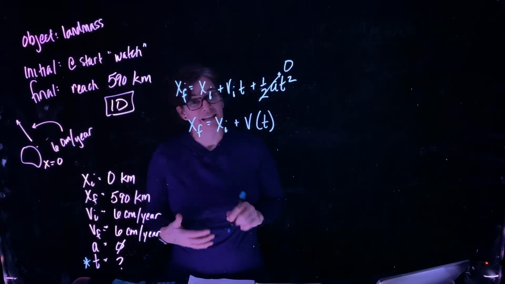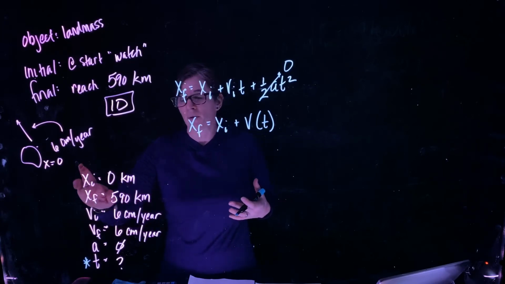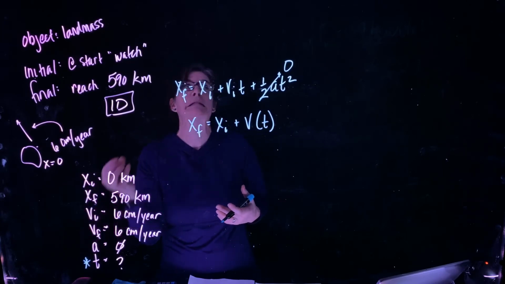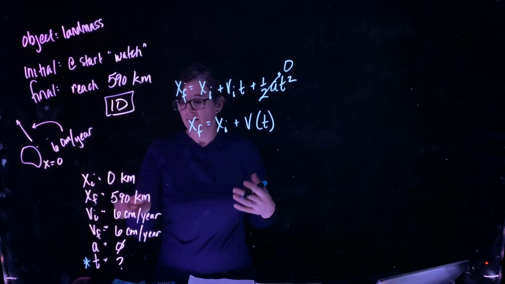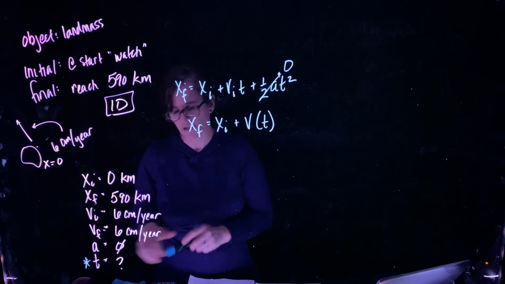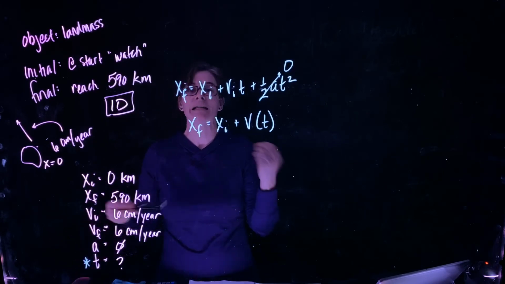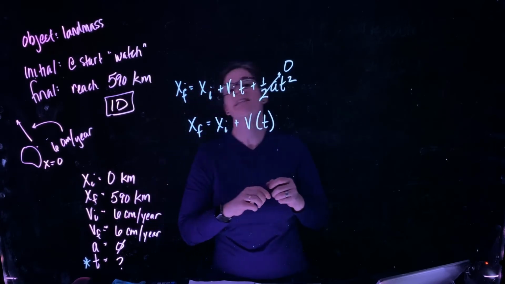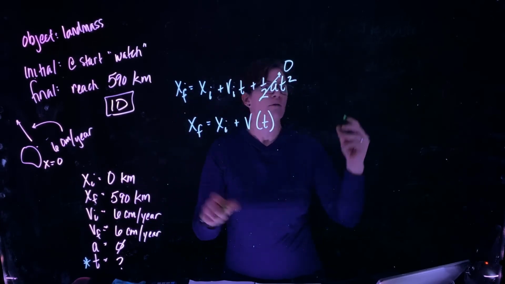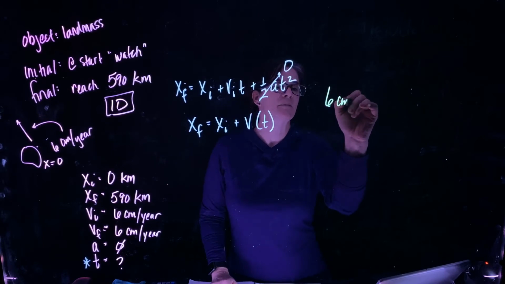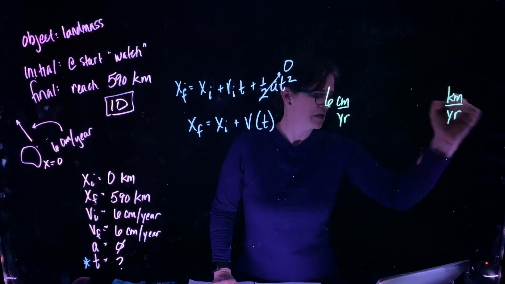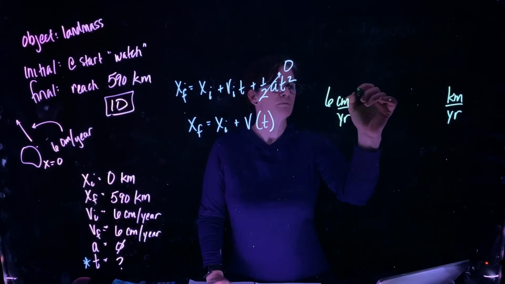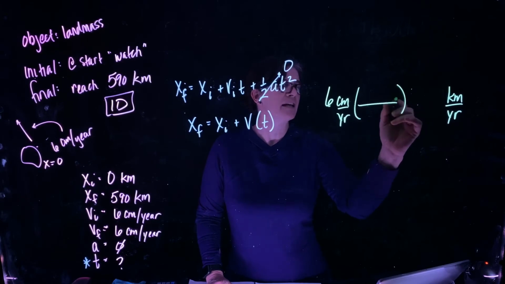Now, the other thing we have to pay attention to is that our units are the same. Our positions are in kilometers, but our velocity is in centimeters per year. So we need to convert one or the other. Let's convert our velocity of centimeters per year into kilometers per year so that we can use the same unit for position. If we have 6 centimeters per year and I want kilometers per year, what do I need to do? Well, if centimeters is on the top, we need to put it on the bottom.